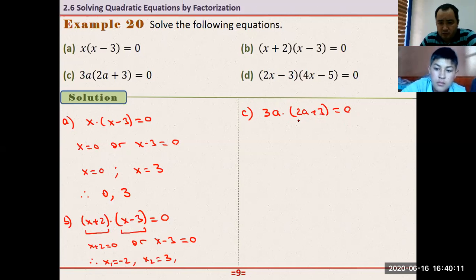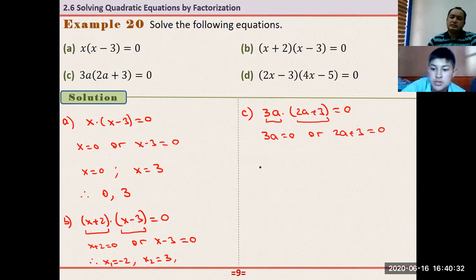Here, you should be able to see what is multiplied by what. Here we have something times something, right? So for the product of these two things to be equal to 0, this 3a should be equal to 0, or 2a plus 3 should be equal to 0. Now from here, 3 times what number equals 0?